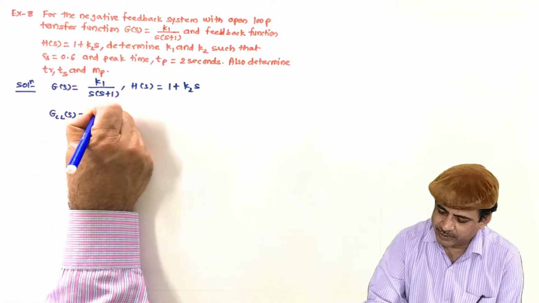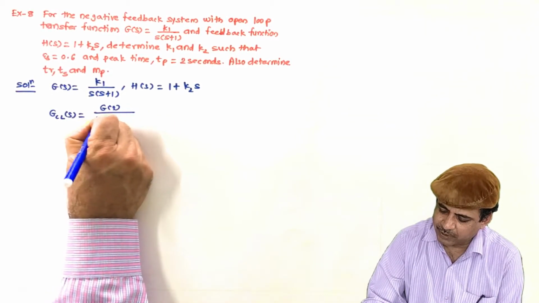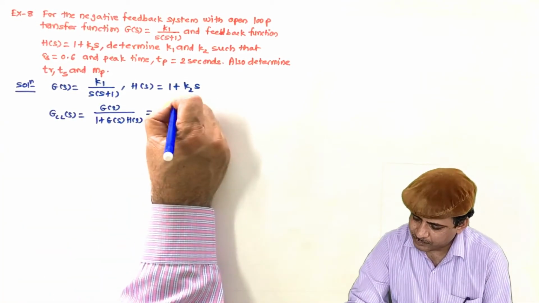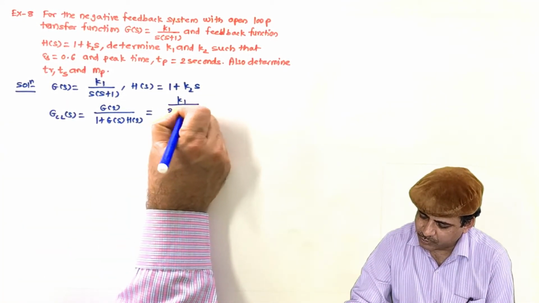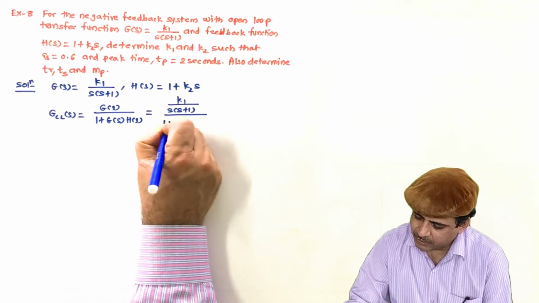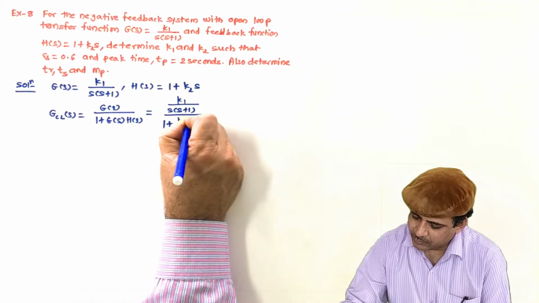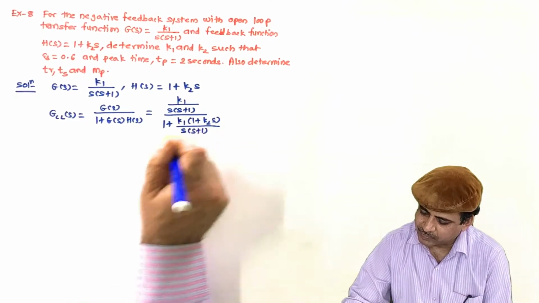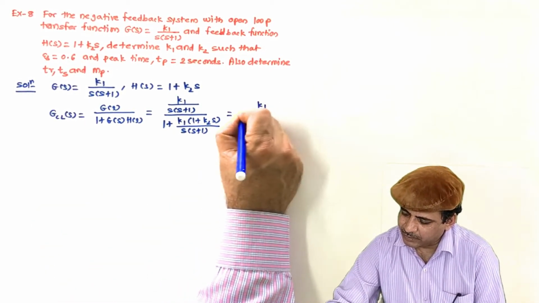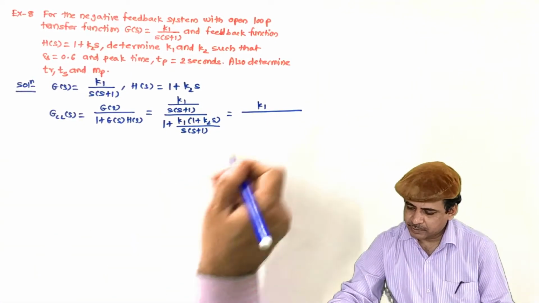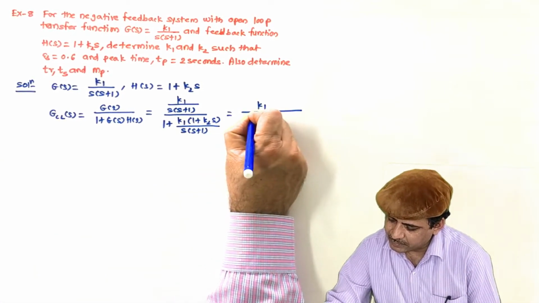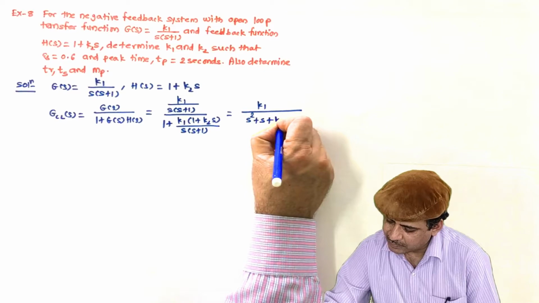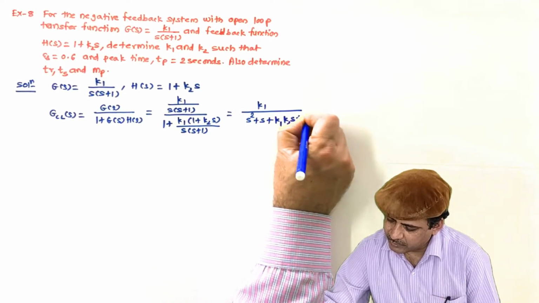G_CL(s) will be equal to G(s) upon 1 plus G(s)H(s), and that is equal to K1 upon s(s+1) divided by 1 plus K1(1 + K2 s) divided by s(s+1), and that will be K1 upon s square plus s plus K1 K2 s plus K1.